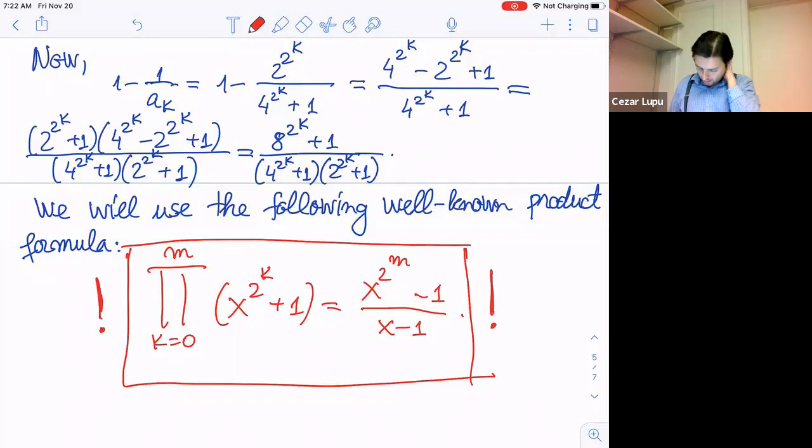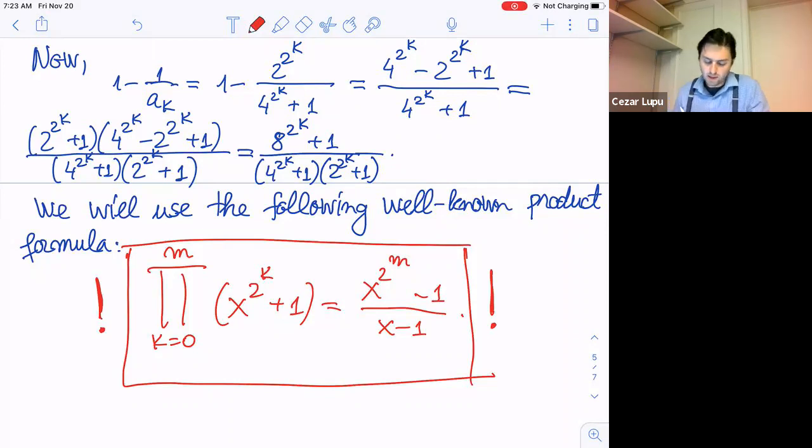And now, let's see. We would like to use this, and we're going to do the following. Well, the proof of this formula is pretty easy. You just multiply x minus 1 to this, and when you foil everything, they'll be telescoping sums, and everything will just go away except the first one and the last one, which will be x to the 2^m and 1.